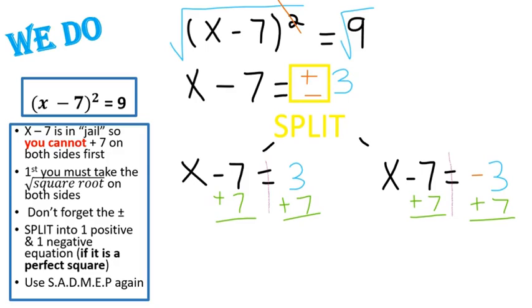Yes, I know that those 7s cancel out in both of them. However, 3 plus 7 is going to give me a different answer than -3 plus 7. And if you don't know, you better ask your calculator. So x equals 10 and 4.